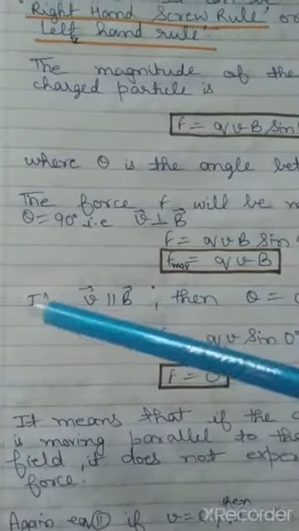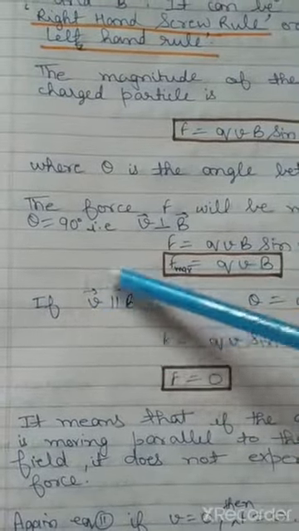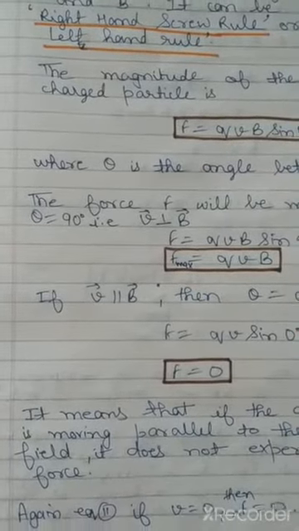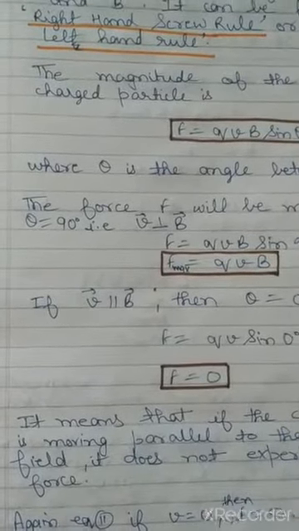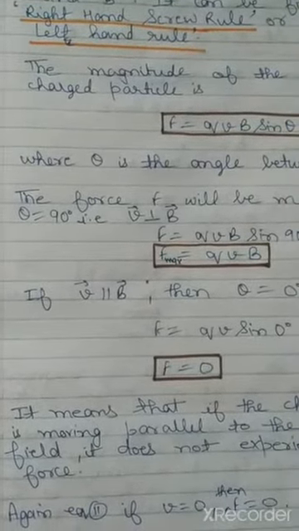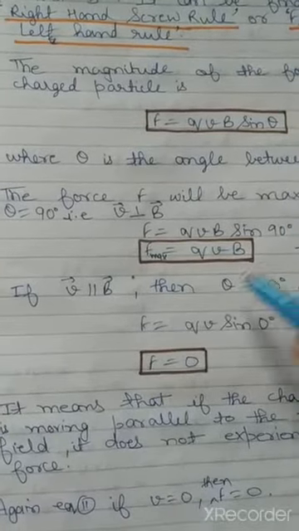Now when the charge is moving along the direction of the magnetic field or opposite to the direction of the magnetic field, theta will become 0 degrees.